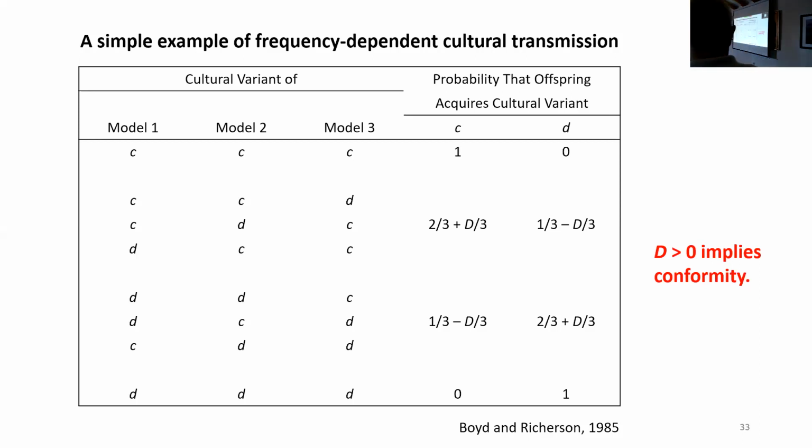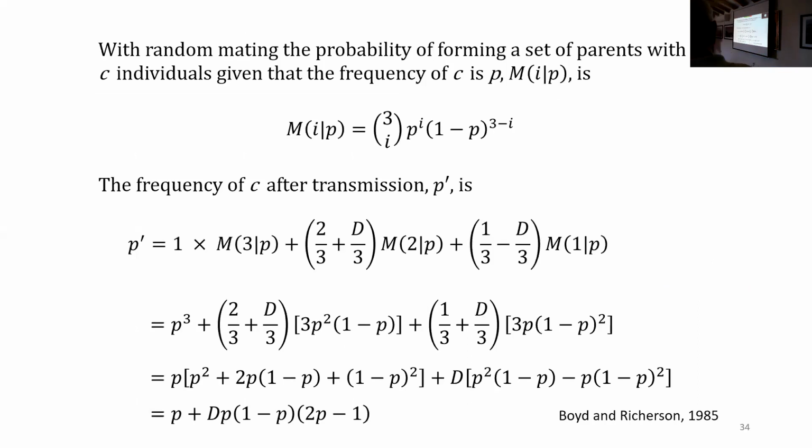The next step is to say, how does the formation of the population by sampling happen? Well, you use a binomial probability here, where this P is the frequency, let's say, of little c in the population.